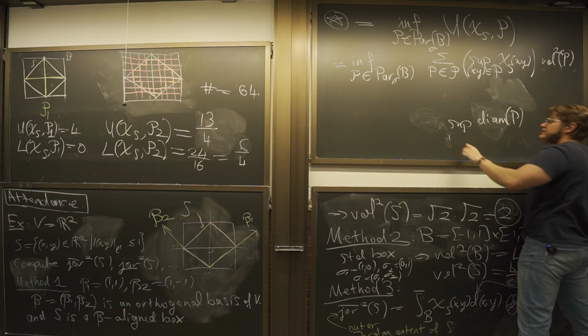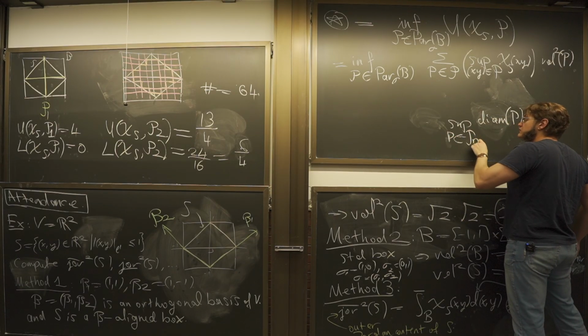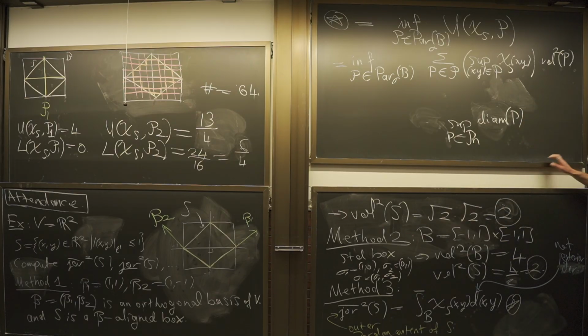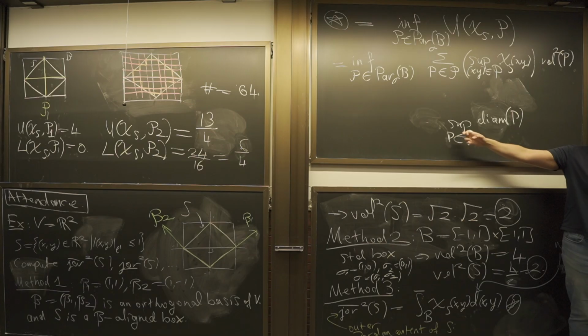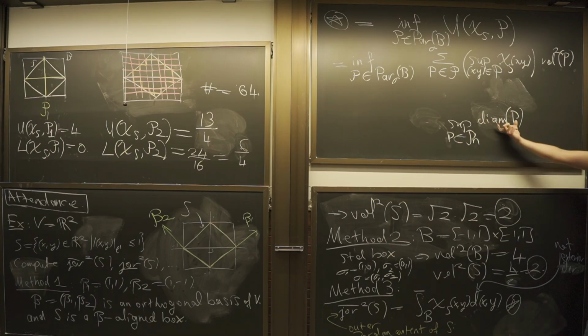Let me just first write it. Let's say you have a sequence of partitions, P sub 1, P sub 2, and so on. To each partition, you can look at the sup of the diameters of the pixels.